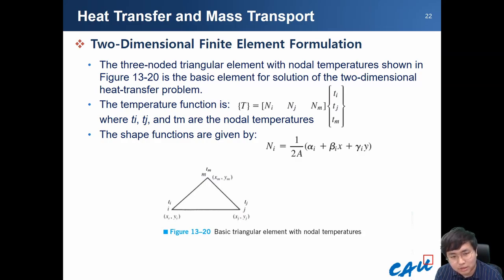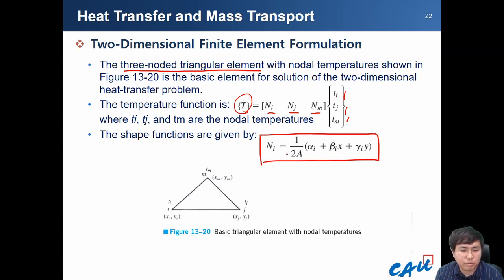Similarly, let's think about the three node triangle element. The temperature can be determined with the three shape functions and the three nodal temperatures. Do you remember the exact values of alpha, beta, gamma?